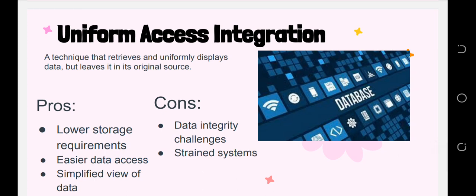Okay, so let's give an example for this uniform access integration, a technique that retrieves and uniformly displays data but lives in its original source. For me, the example that I can give is, for example, in a computer shop, we have the admin and we have the users.